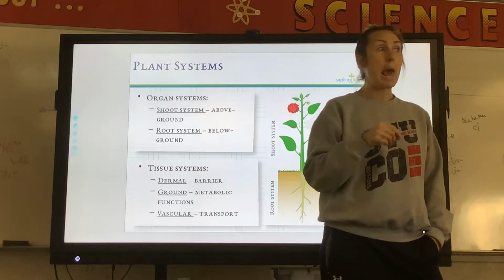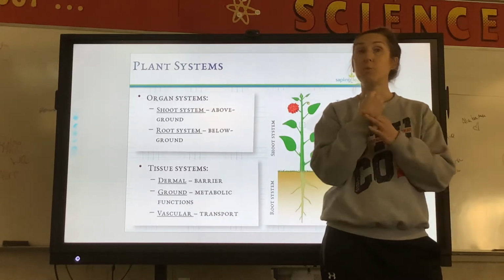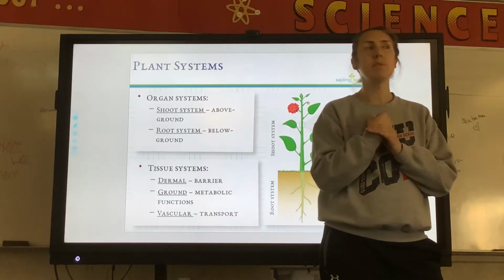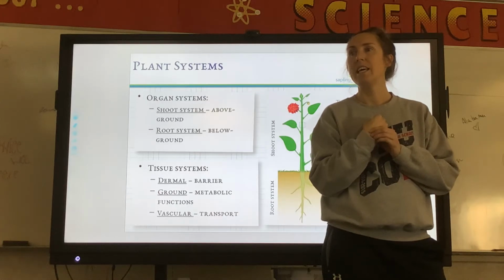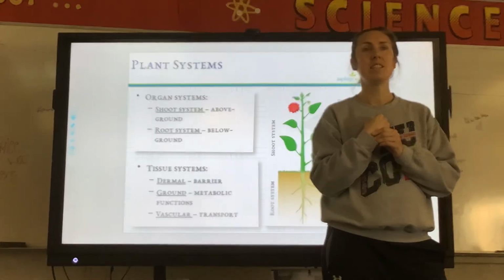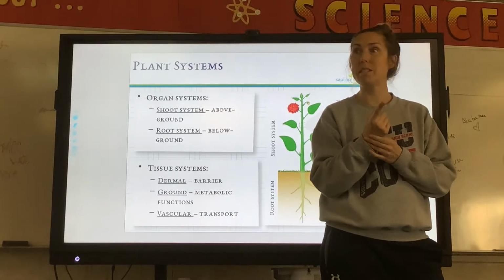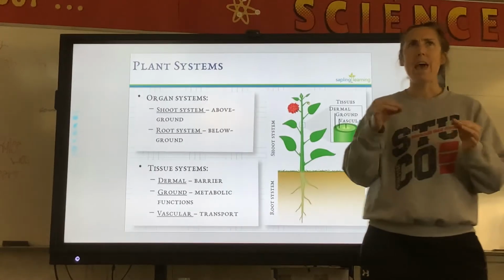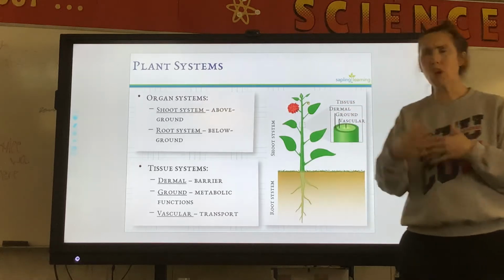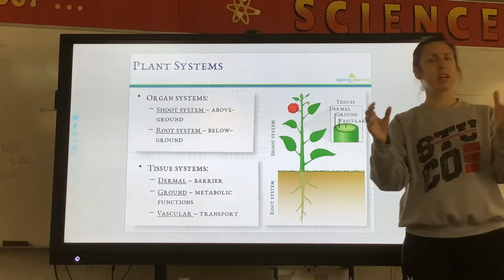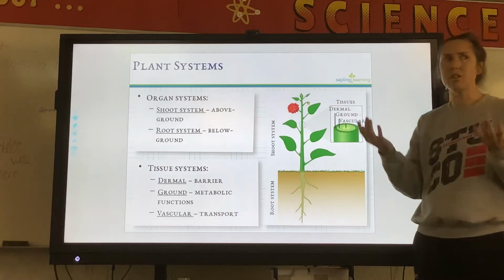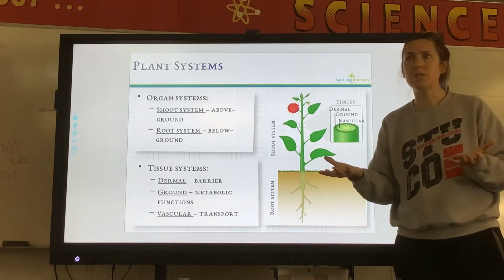This sounds like epidermal or epidermis, which means your skin. What system is the skin part of? Integumentary. Yeah. So guys, guess what? Epidermis, dermal, it's all the same. It's the outer covering. So technically, this dermal layer is probably the integumentary system of the plant.